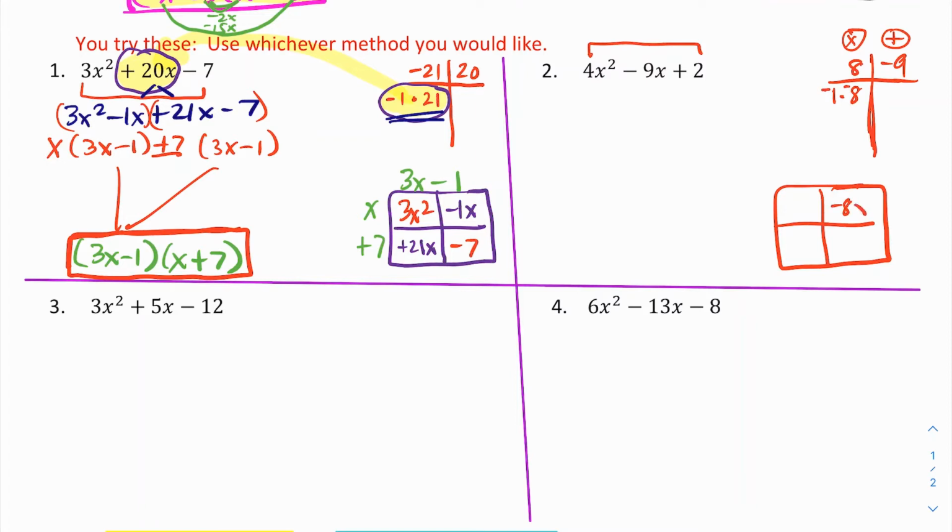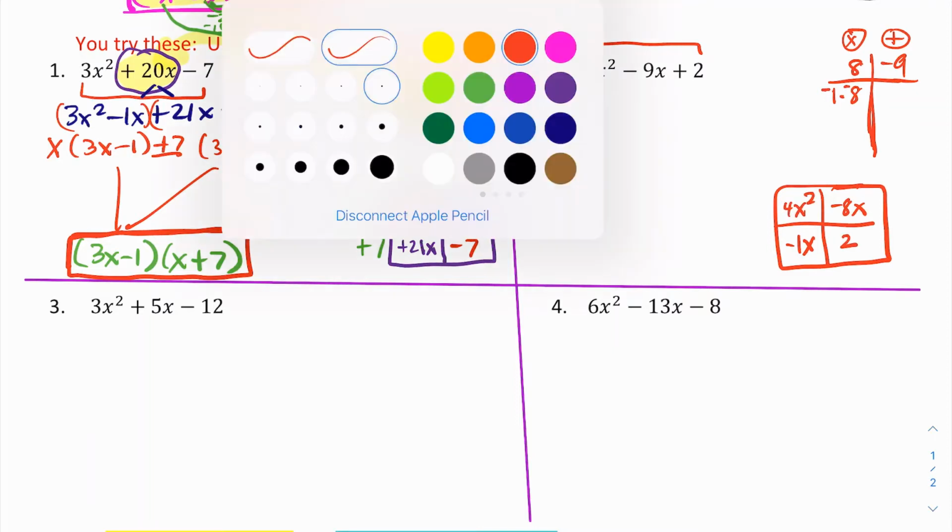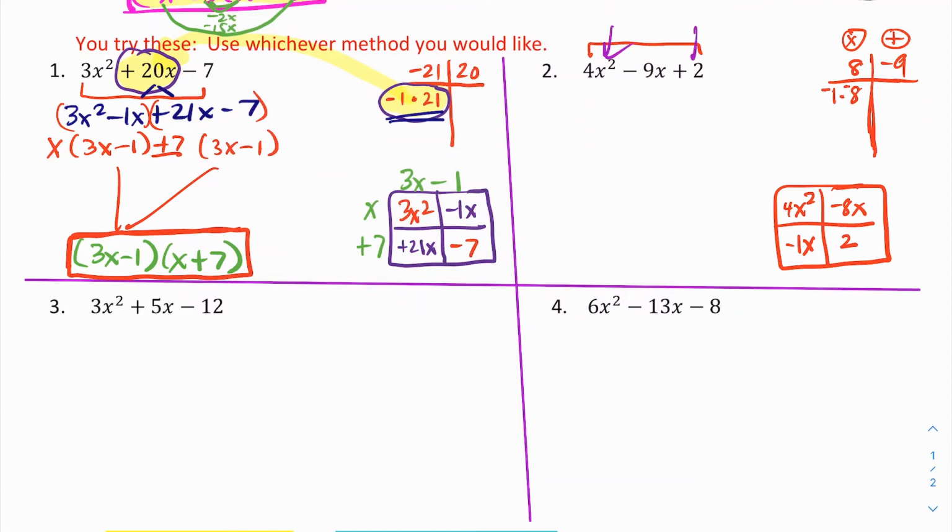So negative 8x, negative 1x, and then we have a 4x squared and a 2. And again, the 4x squared and the 2 come from here. The first two terms, the greatest common factor, what they have in common is a 4x in this case.